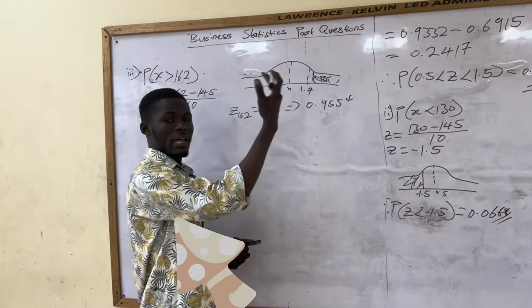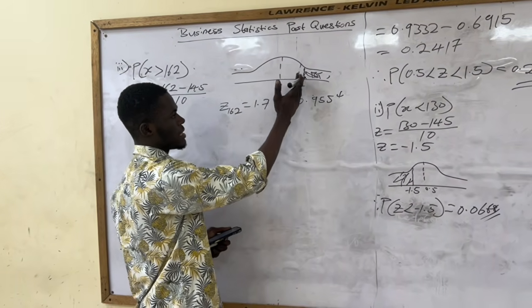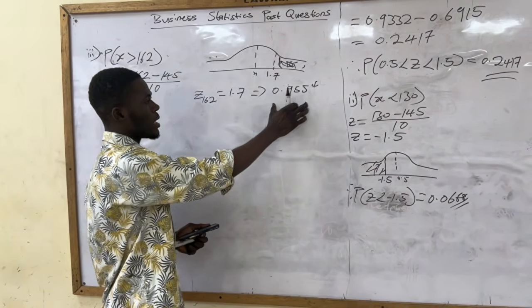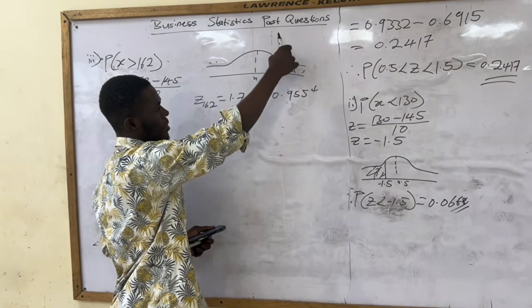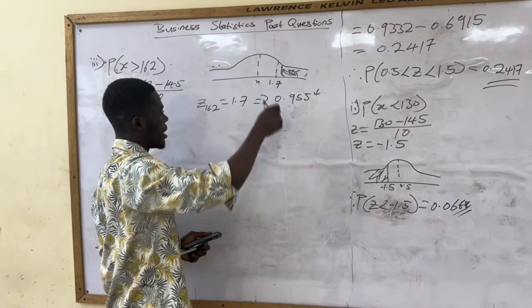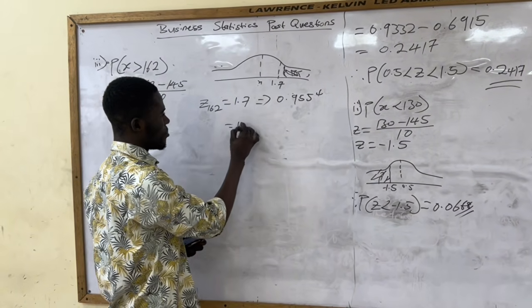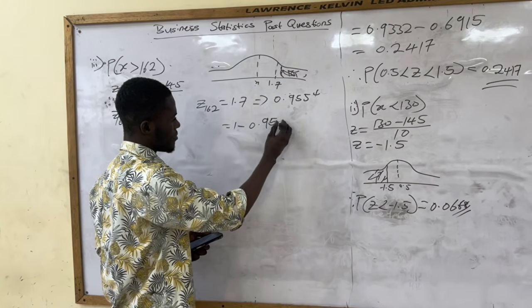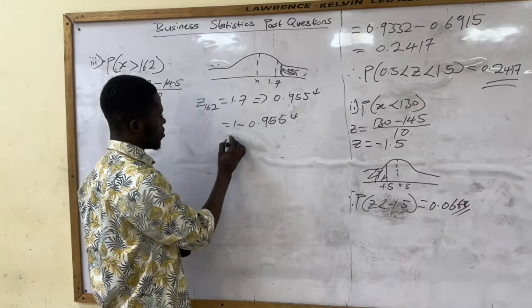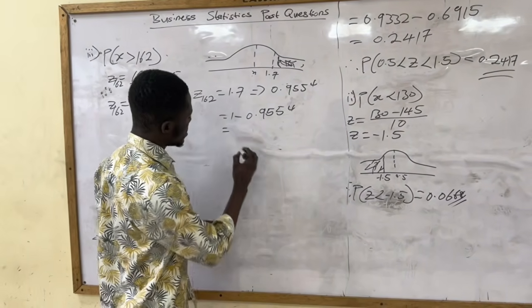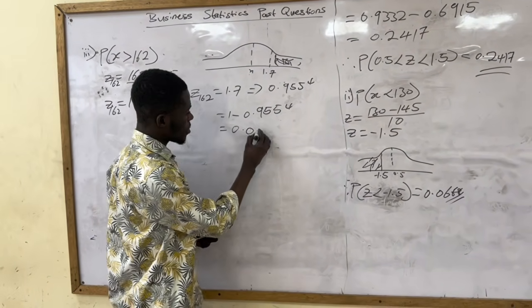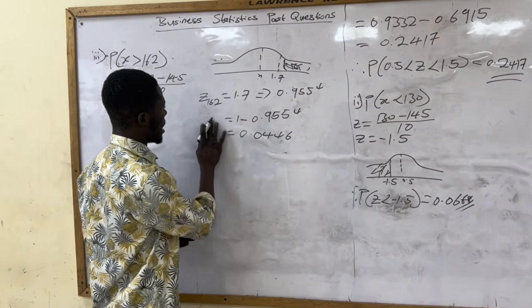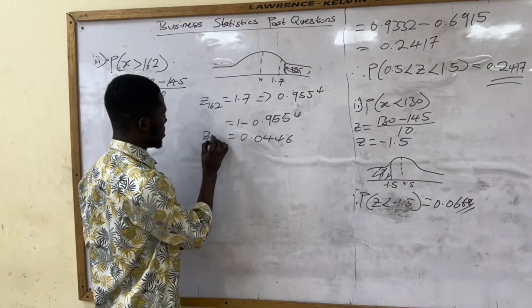Okay, so as I explained earlier, because it is to the right and the whole of this is equal to 1, you deduct this from 1 to get the number of the sample that was occupying here. So it will be 1 minus 0.9554. Okay, so we'll get 0.0446.